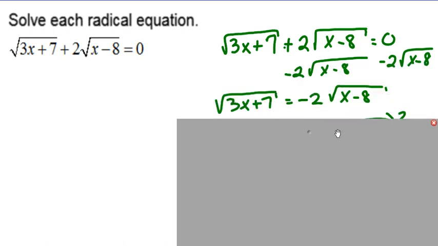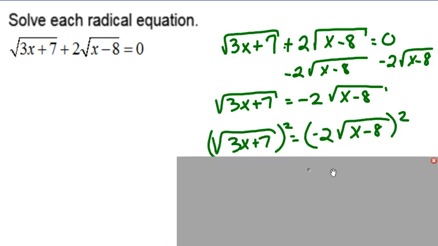Therefore, I would have the square root of 3x plus 7 equals negative 2 times the square root of x minus 8. Because we have a radical on each side of the equation, to undo that, we can square each side. Something that's square rooted is to the 1/2 power.